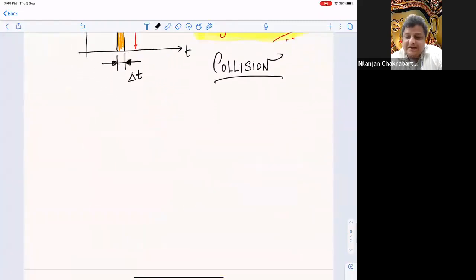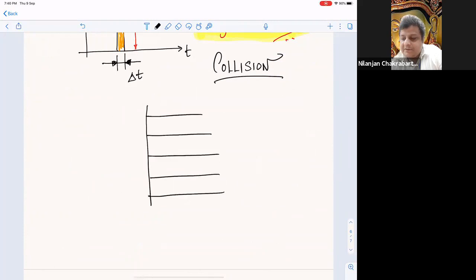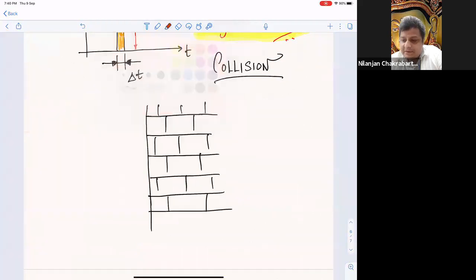See, there is a wall. One ball is coming with a velocity v and hitting the wall.